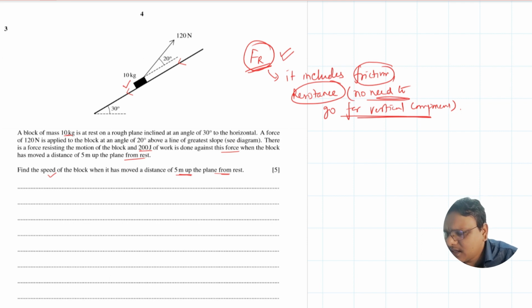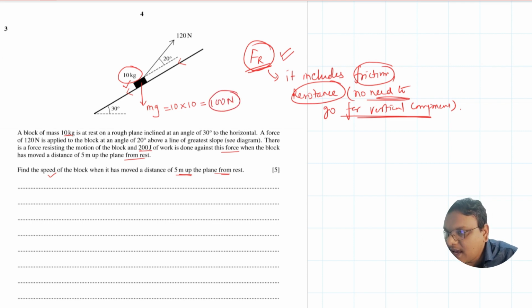So how to do this? Let's start. As it is a mass of 10 kg, there is a force acting downwards like this, which is equal to the mg component, right? So m is given as 10 kg, so 10 times g, acceleration due to gravity, which is 10 meter per second square. So obviously you're going to get 100 Newton. Got it?